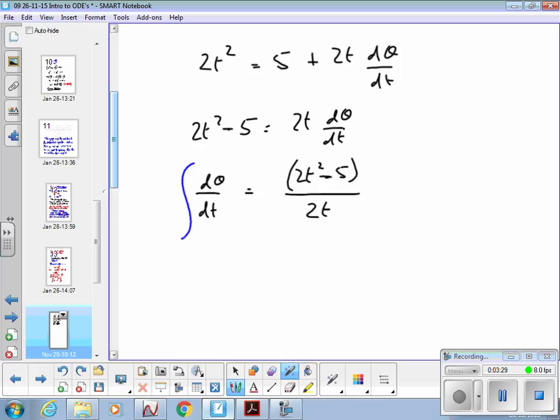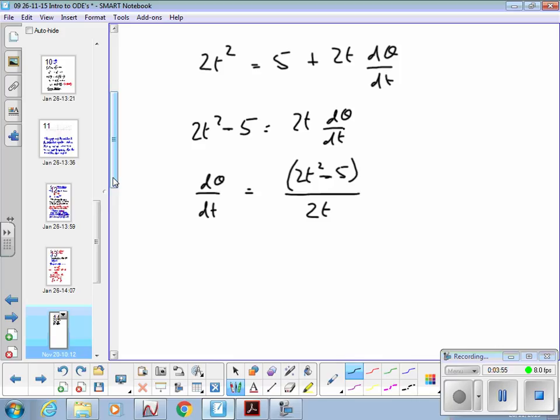That's going to be really easy because I'm going to end up straight away with the explicit solution. All I need to do now is take the dt over here and integrate both sides. So I don't need to separate variables, I don't need to play around with getting y's on one side and x's on the other. I've just got to get all the t's on the right hand side.